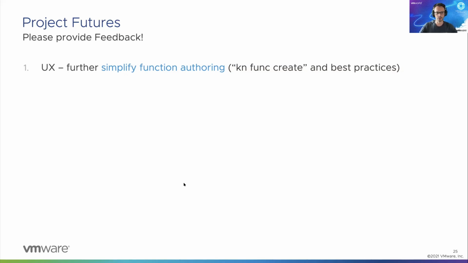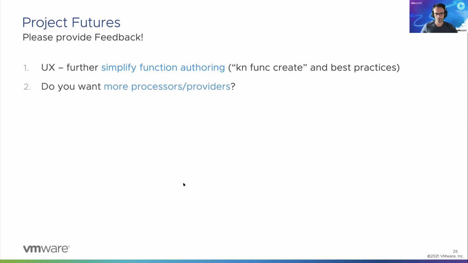And so we are thinking about a way to use the Knative client plugin, which is kn, to bootstrap an environment for you by, for example, saying kn func create. And there's already work in the Knative community to support Golang, Java, JavaScript, and so on. But we also want to make sure that PowerShell is a first-class citizen there. So there's literally work there that we have to do in order to make the bootstrapping process of writing a function much more smooth for you.